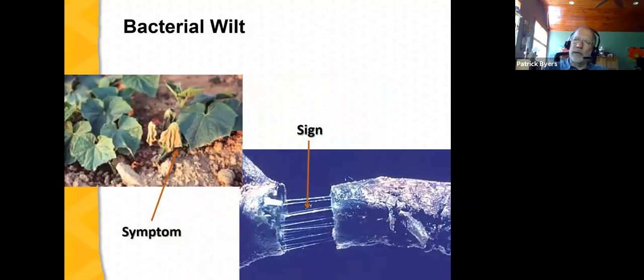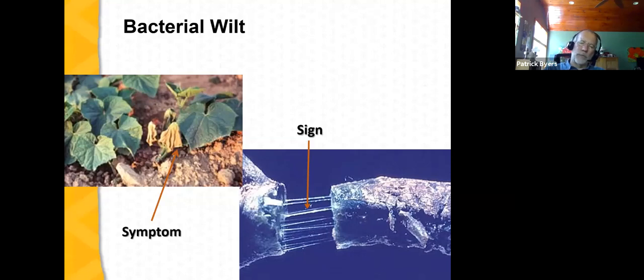Bacterial wilts are somewhat like blights, a similar situation. This is a disease called cucumber wilt. If we look at the upper picture, this is an example of symptoms: the wilting and collapse and death of the entire cucumber plant. A common diagnostic tool for identifying bacterial wilt on cucumbers is to cut the stem, hold the pieces together, and then gently draw them apart.